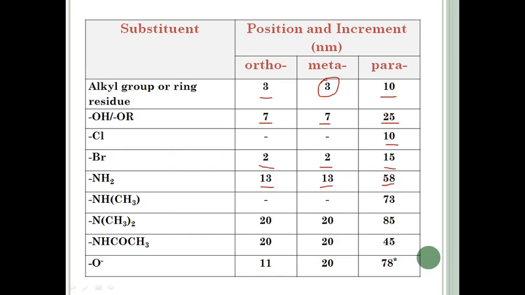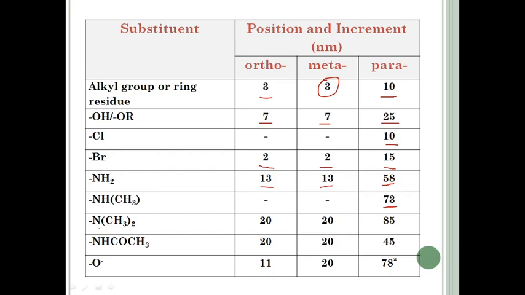One of the hydrogens is substituted by alkyl, so alkyl amine. When alkyl amine is a substituent, at ortho no increment, at meta no increment, at para the increment must be 73 nanometers.